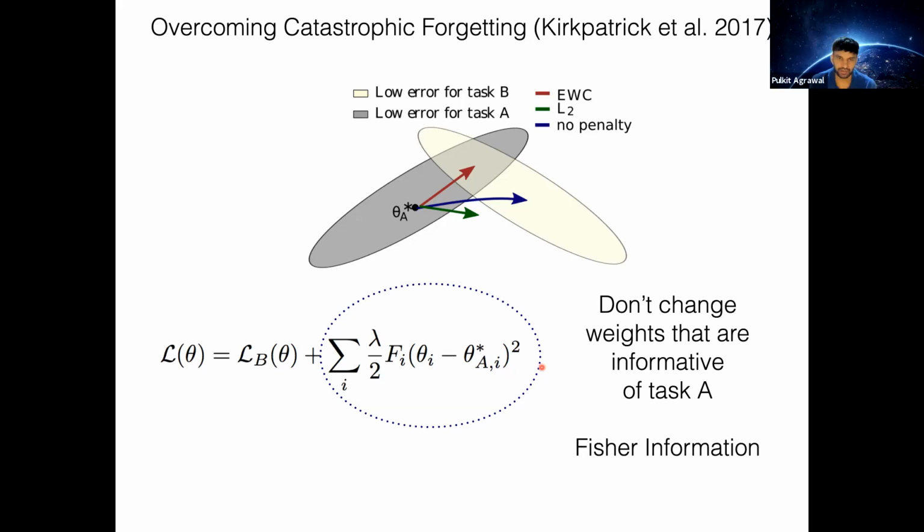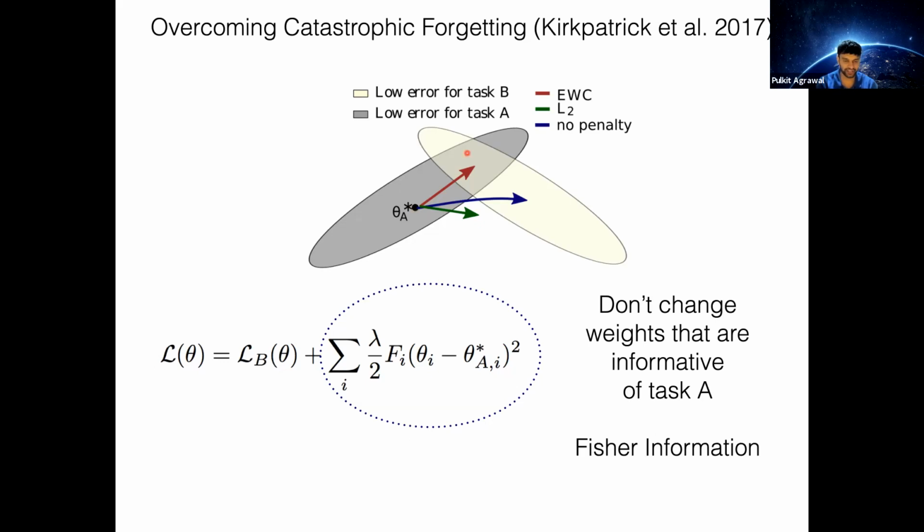So, let's assume that if I replace Fisher information by just the Euclidean distance, for some time, assume that. What that would do is say, well, I want to be close to theta A star as I'm fine tuning, right?